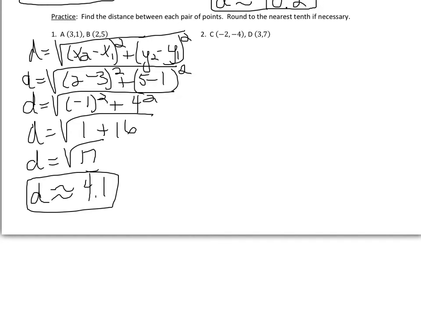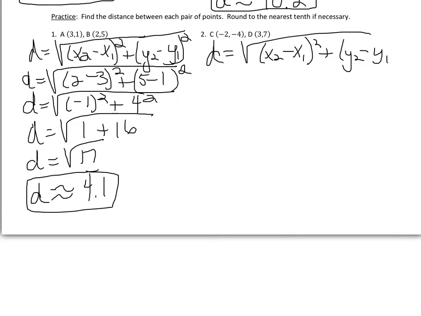All right, so number 2, between points C and D. Again, write down your formula first so you can start memorizing it: x minus x squared plus y minus y squared, all under the square root.